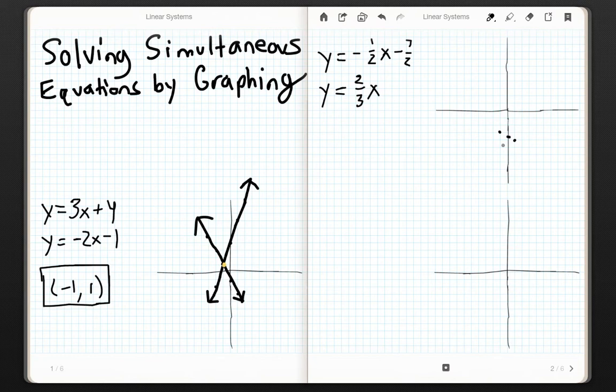We go the same direction in the other half, and now we use slope of up 1, left 2. And y equals 2/3 x will start at the origin and go up 2, right 3.